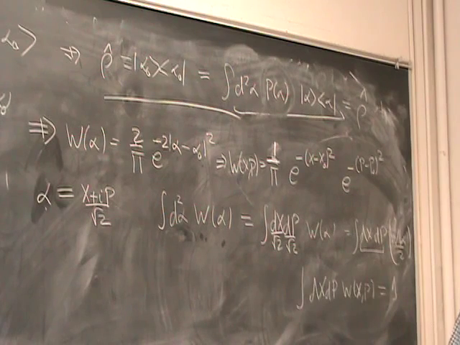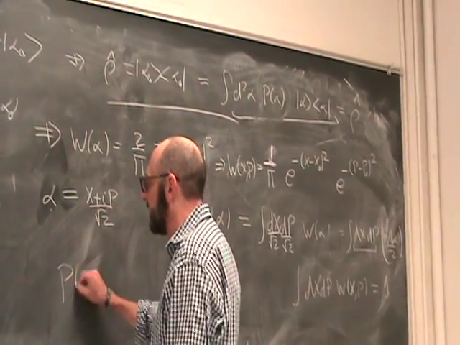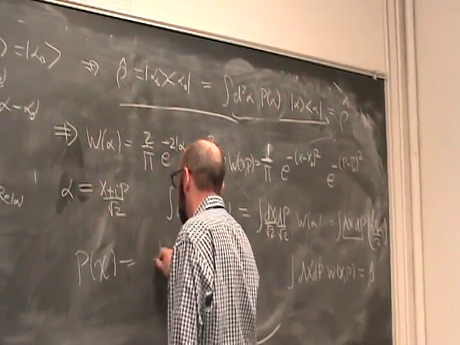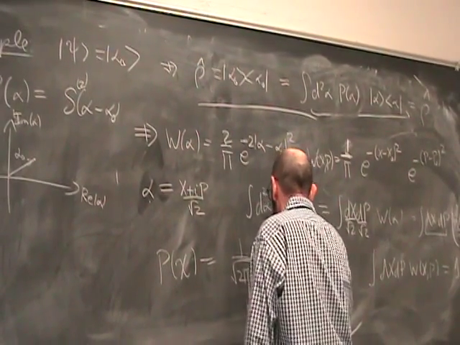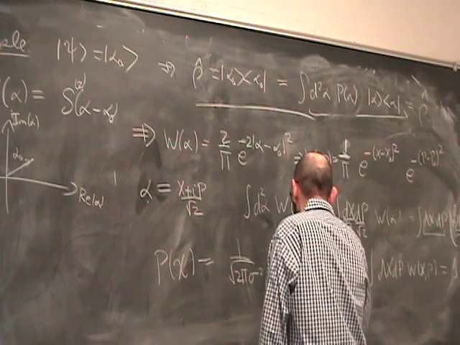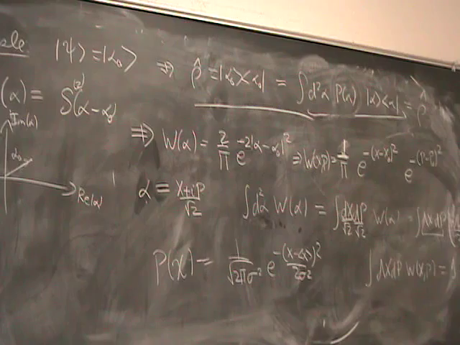So now I ask you, does this have the right variance in x and p? How would you know? Well, everyone has memorized what a Gaussian is, right? A Gaussian is normalized such that the probability of the random variable is 1 over root 2 pi sigma squared e to the minus x minus the average x squared over twice sigma squared, where sigma squared is the variance.